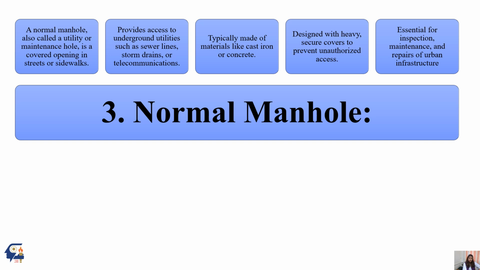They are usually covered very tightly to block unauthorized access, since it is mostly used and has emissions of severe gases. That's why only trained people are allowed to access and clean those areas. They are essential for inspection, maintenance and repair of urban infrastructure. So we usually opt for the normal manhole.